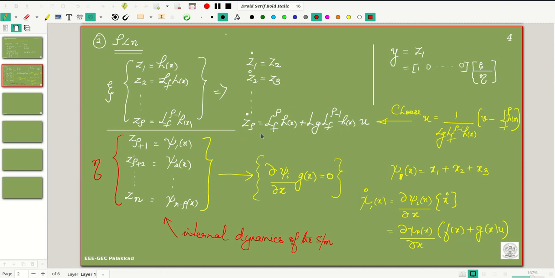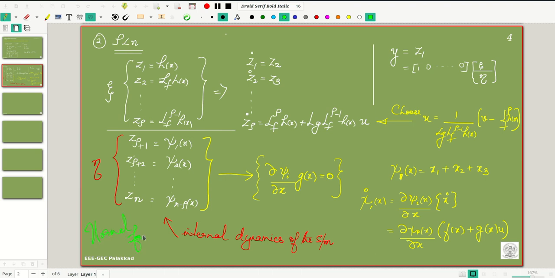Then we have to choose the rest of the states in such a way that dou psi i by dou x into g of x is equal to 0. If the whole system is represented in this form, we say that the whole system is in the normal form.